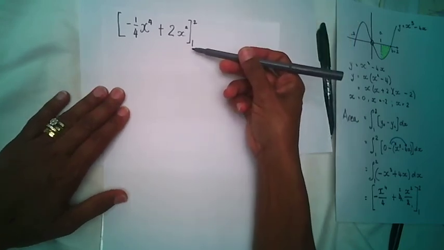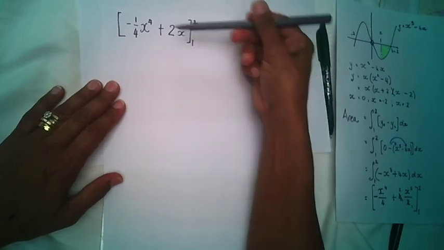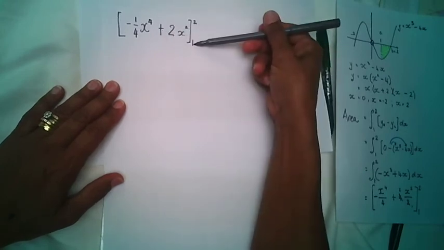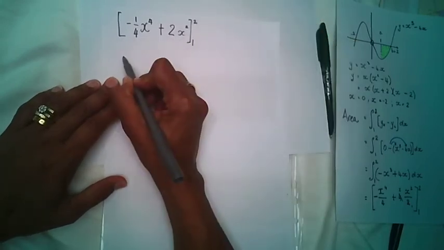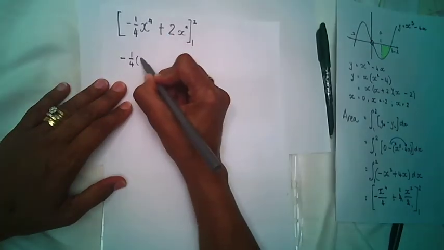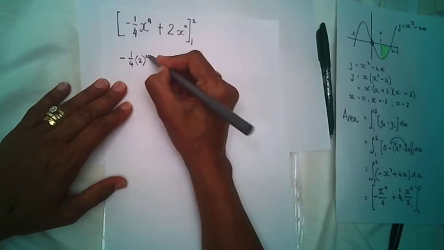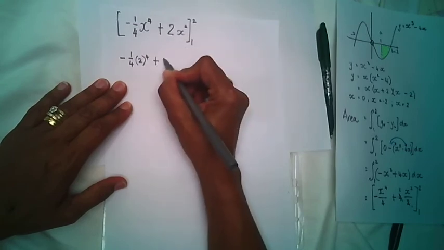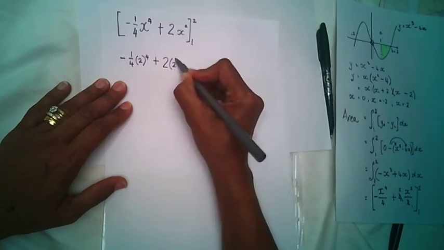Once I've gotten to that spot, I have to do the upper boundary substitution, subtracted by the lower boundary substitution. So if we put that all in, try not to trip over ourselves, that 2 goes into the space right here, to the power 4 plus. This x then gets replaced also by the 2, and I'm squaring it.